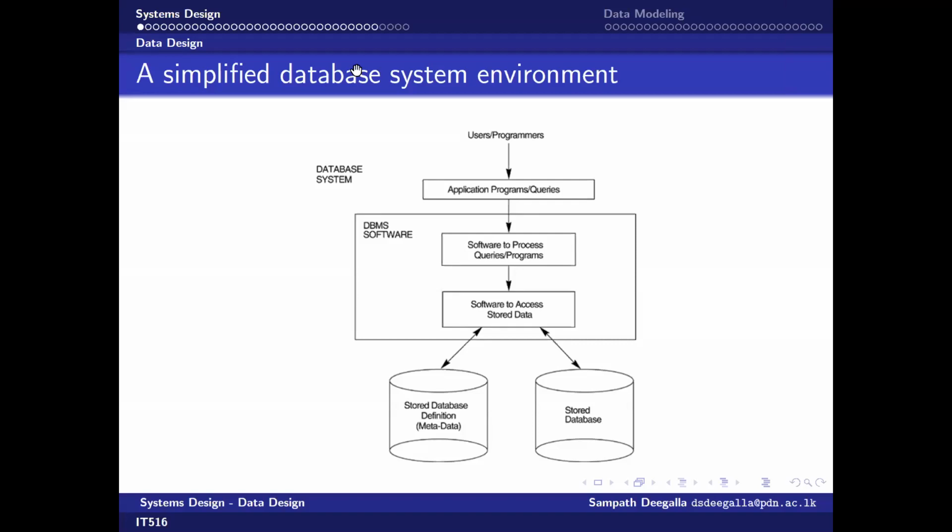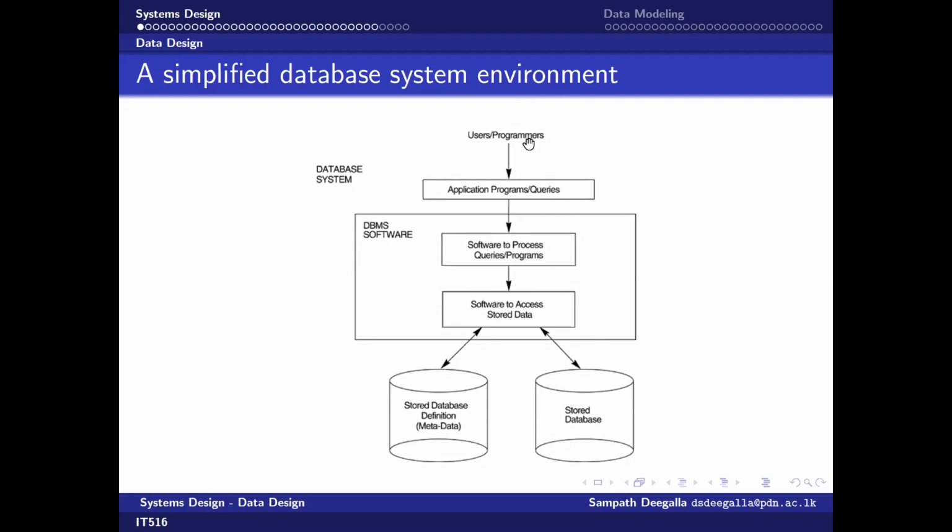This figure shows you a very simplified database system environment. When it comes to database management system software, usually we will have software to process queries and programs coming from users. When users interact, most of the time it could be a particular application, and through that you make the queries or programs to process.